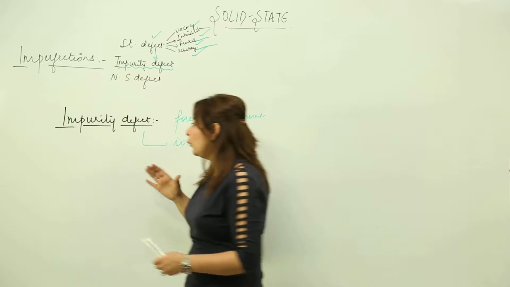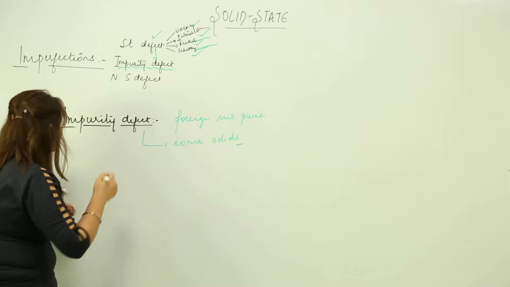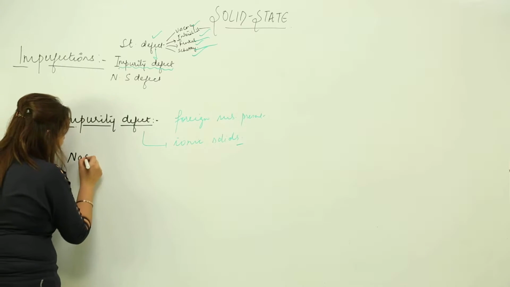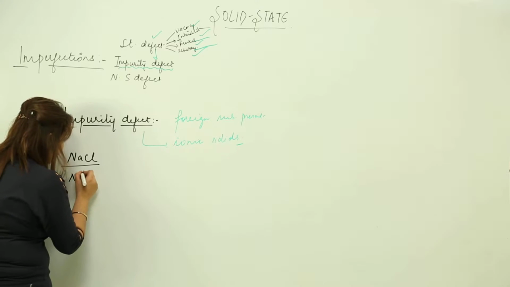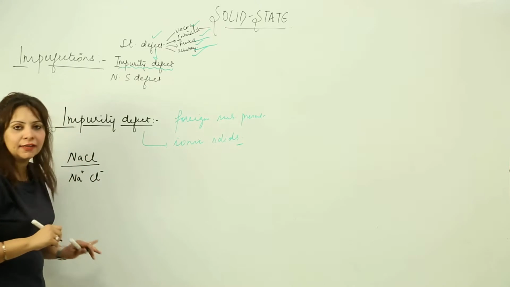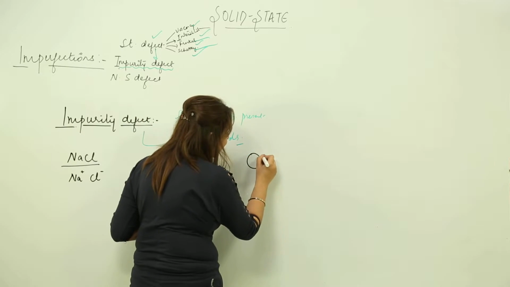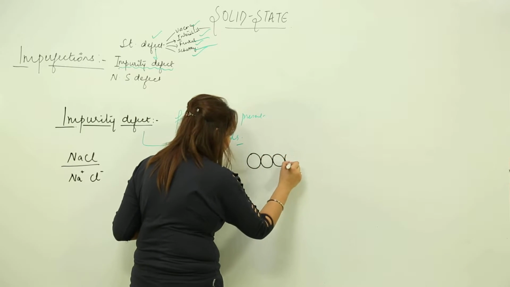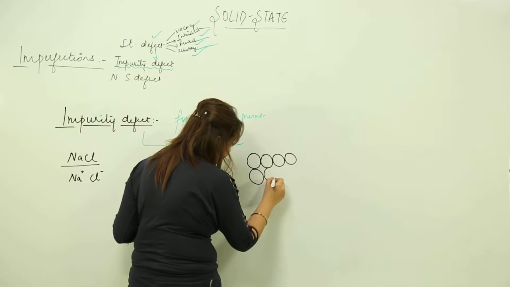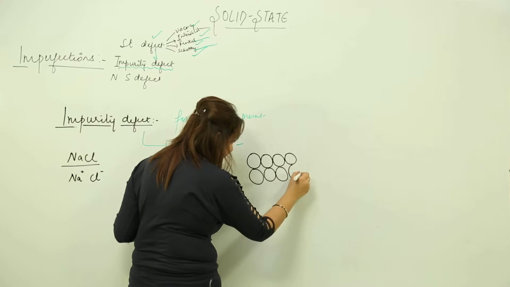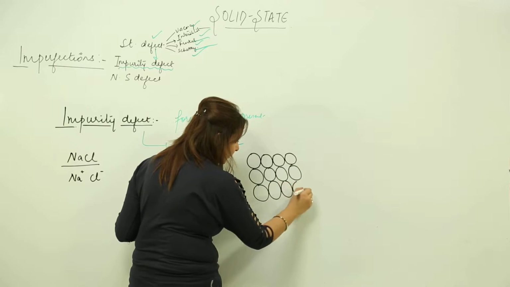Now I am going to take an example in order to explain. Suppose I have NaCl, and as we know NaCl is actually formed of Na ion and chloride ion, right. So if I look for its lattice, it will appear to be like this, orderly arranged, but still we will get to see certain imperfections.